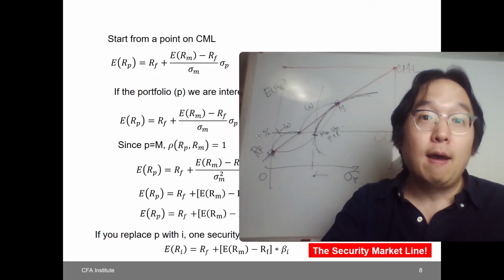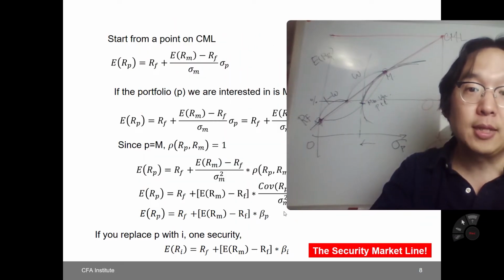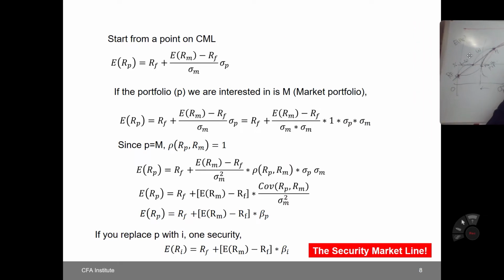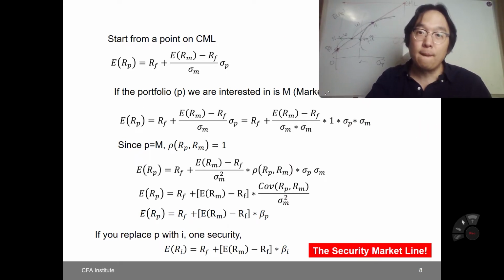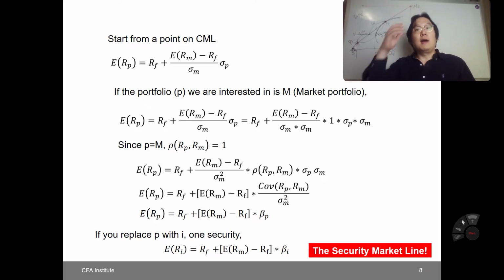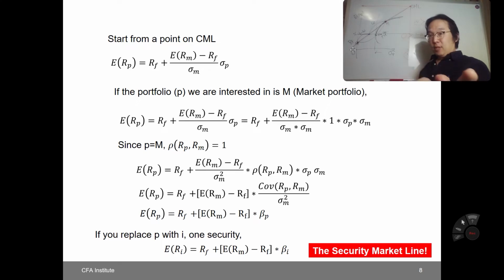Now, let's start from the capital market line. Here we go. The equation. This is the one I wanted to tell you in the beginning, right? This picture.